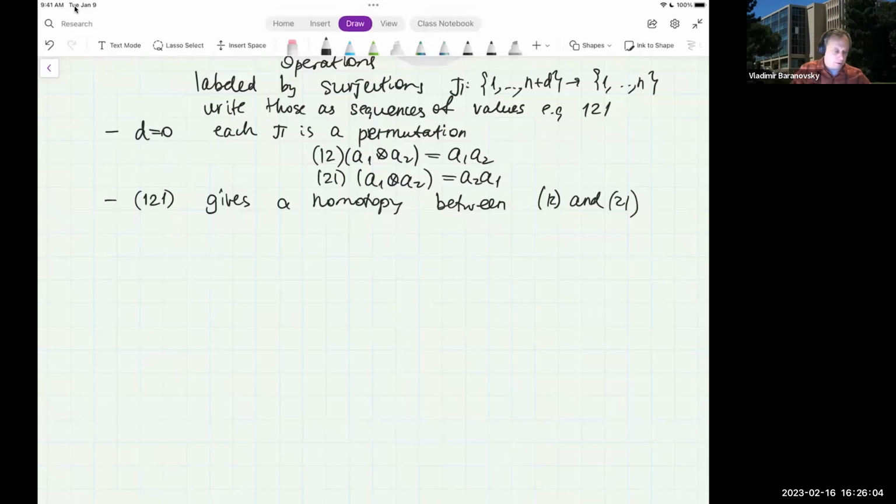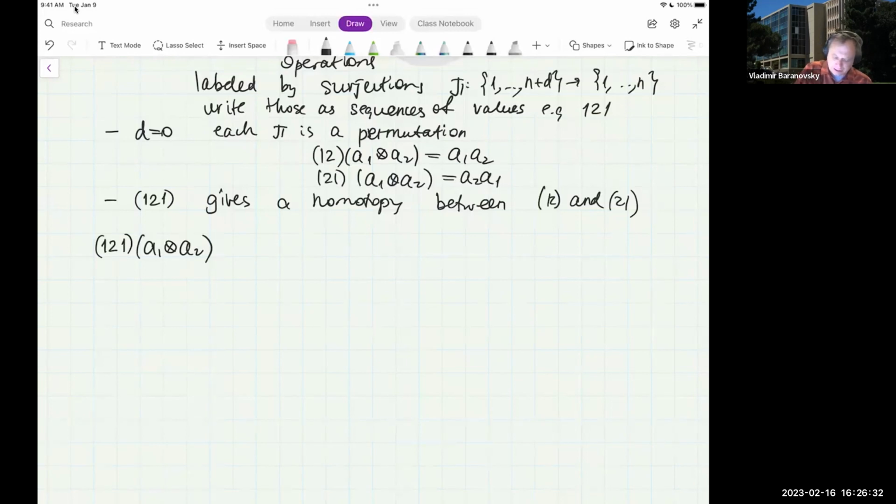Now, let me just give an illustration of what sort of operations we're talking about. So suppose we wanted to compute 1 to 1 evaluated on A1 tensor A2. A1 and A2 are both cochains, so it's something that you can evaluate on singular simplices.